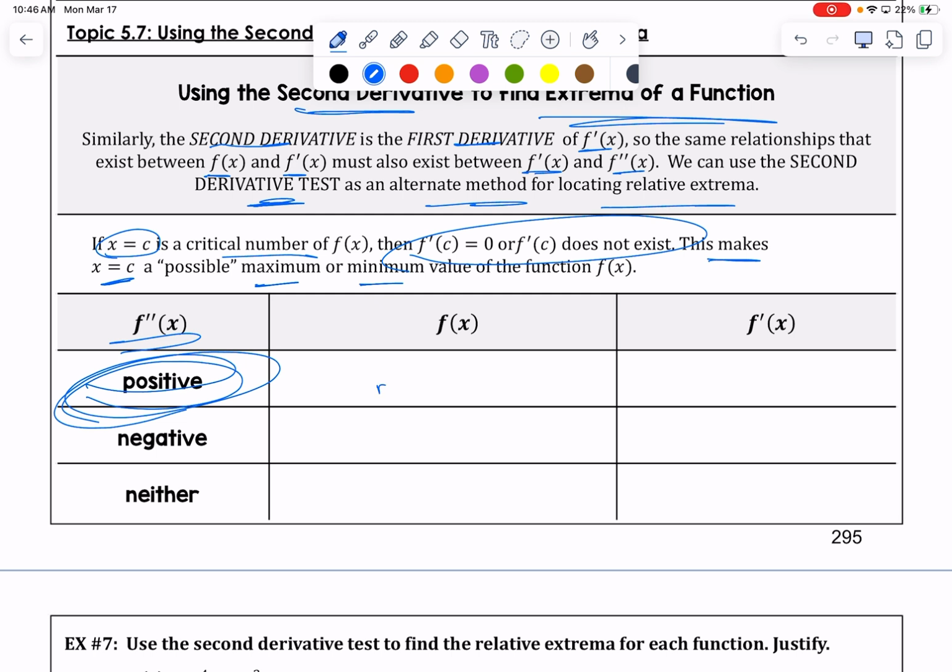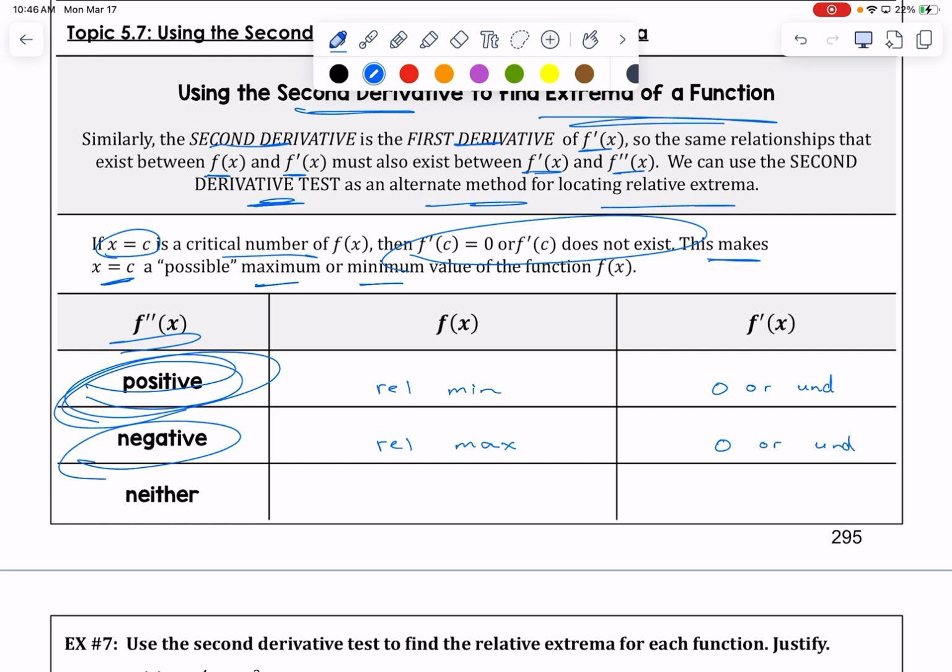It is a relative min. And that would be where f prime equals 0 or what? Undefined. If the second derivative is negative, it'd have to be a relative what? Max. And again, that's where your first derivative is 0 or undefined.